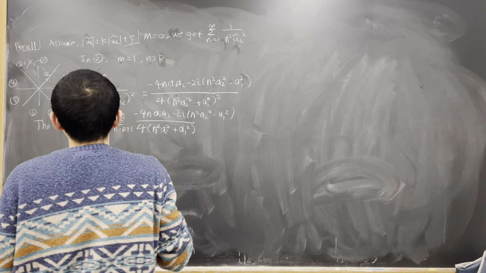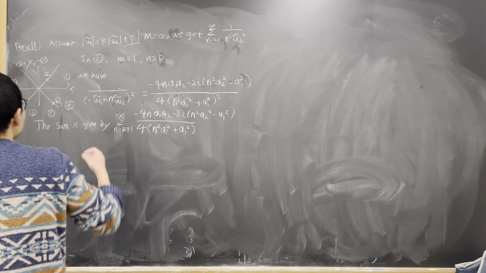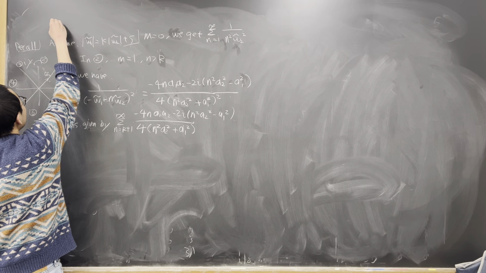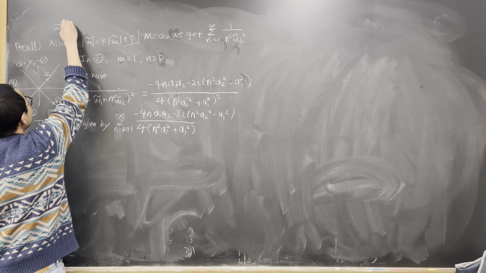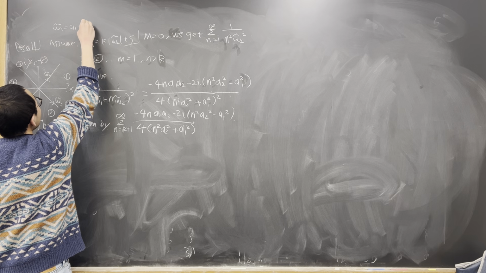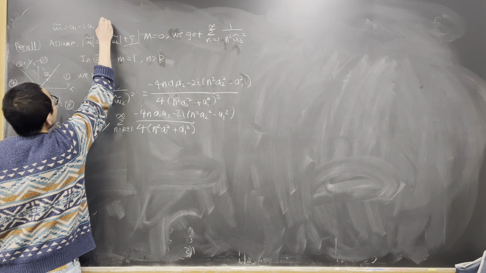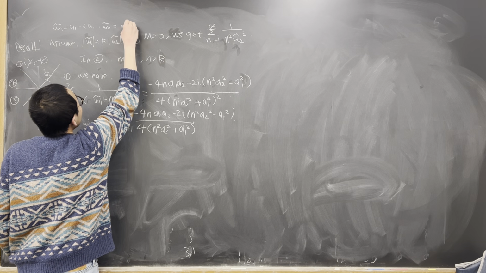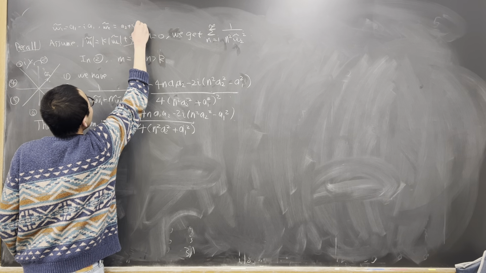Oh, by the way, I also have omega 2 tilde squared. I also have omega 1 tilde equal to a1 minus i a1, and omega 2 tilde equal to a2 plus i a2.